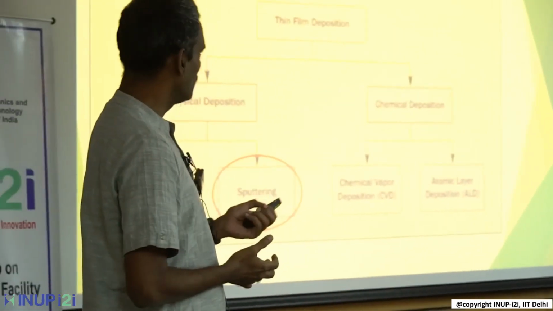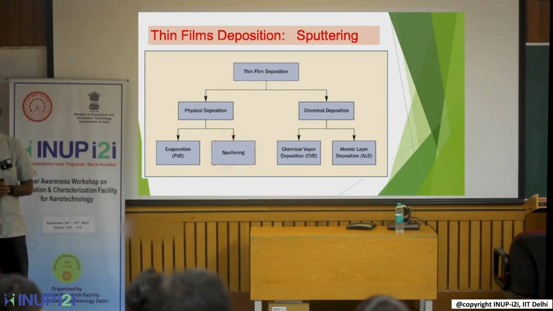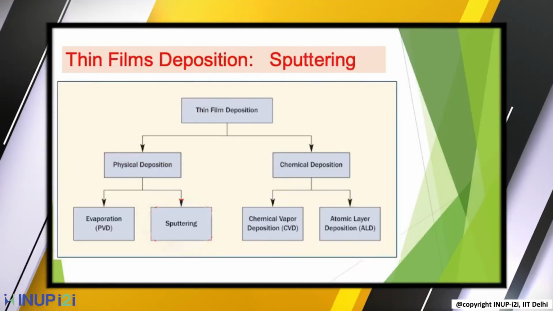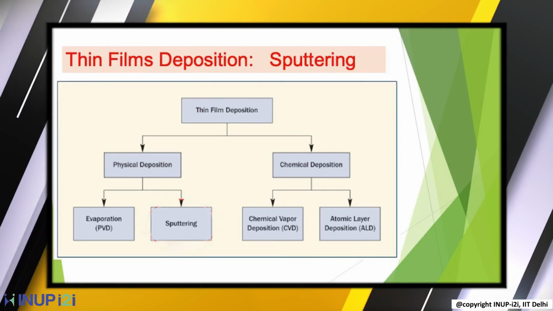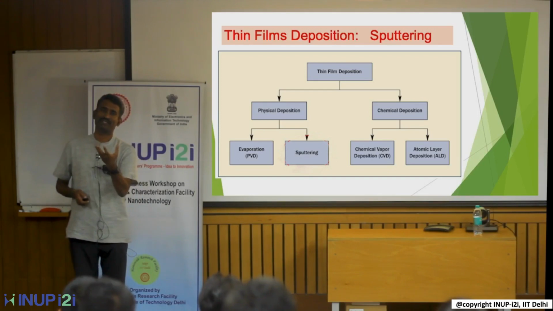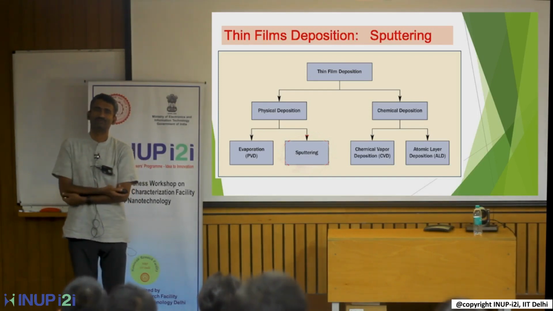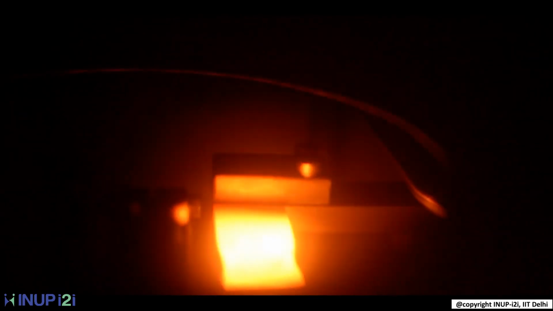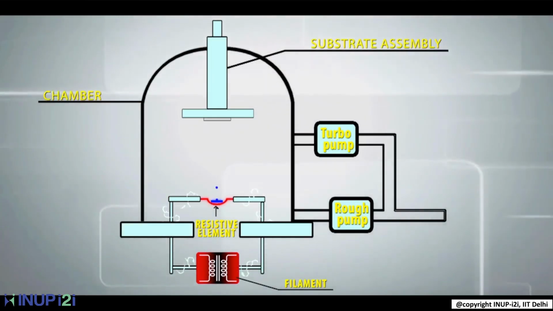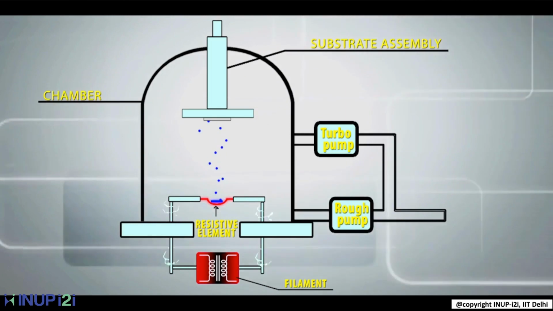Now, the difference between evaporation and sputtering is that for some materials, if you really want to evaporate, you need to heat and melt them, if initially solid. You need to provide resistive heating and then start evaporating.